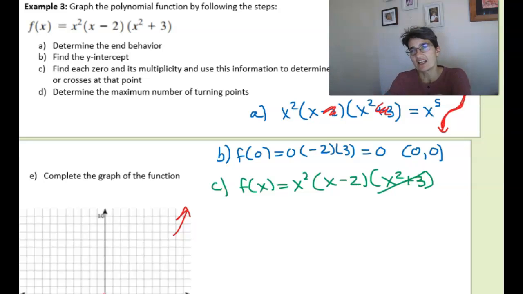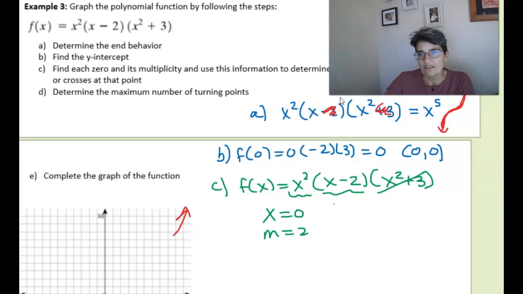Okay? So we look at this term. So the solution of that is x is 0. And it has a multiplicity of 2 because it's squared. This one gives me x equals 2, and it has a multiplicity of 1. So this one touches, this one crosses, and this does not give me an intercept. So we ignore it when it comes to the zeros.